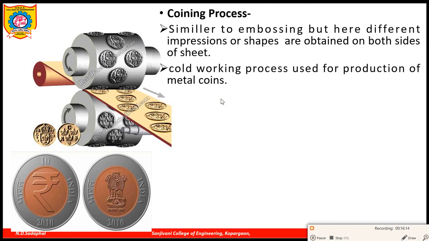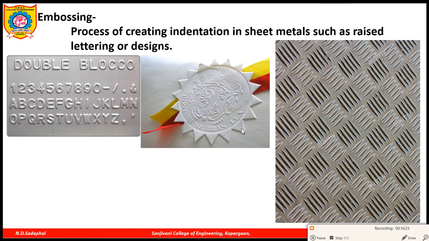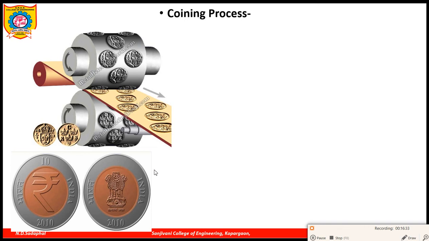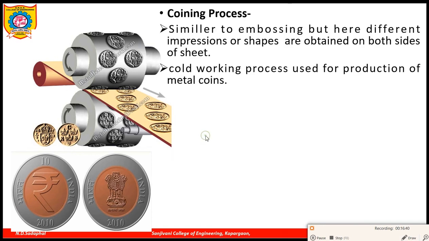Then what is the coining process? Coining is the process of producing impressions or shapes which are obtained on both sides of the sheet. Now what is the difference between embossing and coining? In embossing, a raised indentation is produced on only one side, but in the coining process on both sides, such as on your coins, some impressions are produced. Generally it is a cold working process.